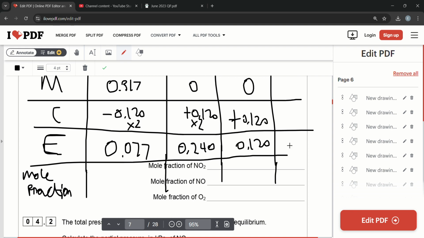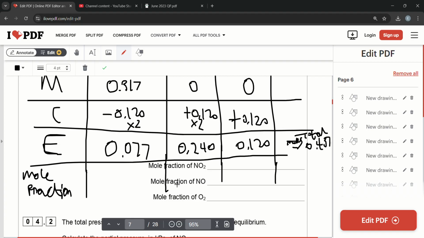But we want to find out mole fraction. So firstly, let's find out the total moles at equilibrium. 0.077 plus 0.240 plus 0.120, 0.437.